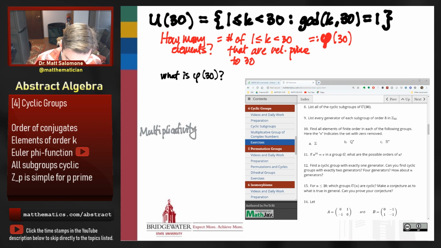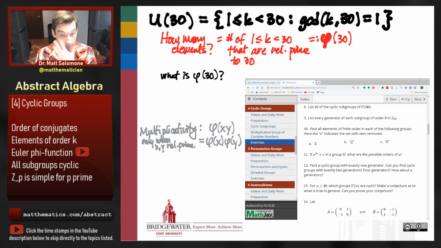And the multiplicativity property of the Euler phi function says that phi of x times y is equal to phi of x times phi of y, but not always. Only when x and y are relatively prime. So I want to use that property.